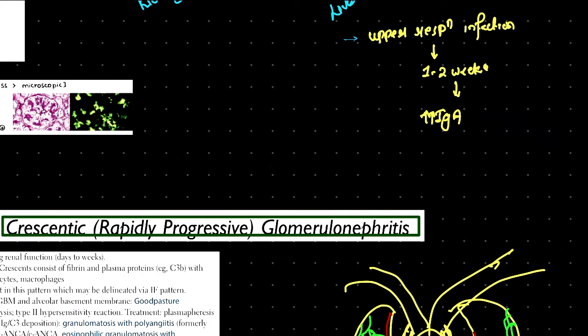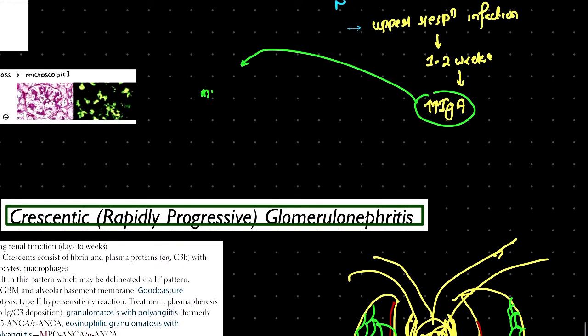Now, there is one important thing that we need to know about this immunoglobulin A. It exists in two forms: one is monomeric, and another is polymeric. The monomeric form exists in serum, and the polymeric form is removed from blood.